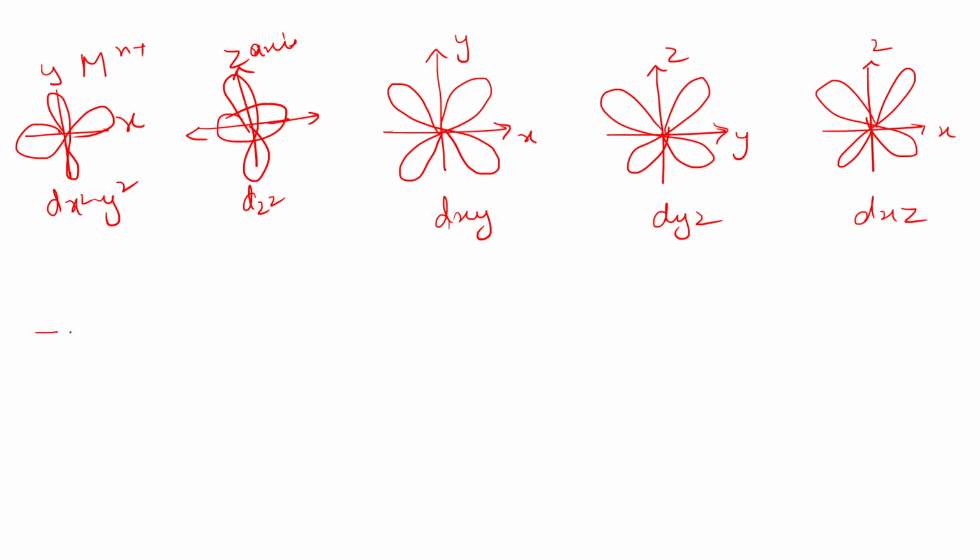Initially, the five orbitals were degenerate, that means same energy. Here is the metal, no ligand is present.